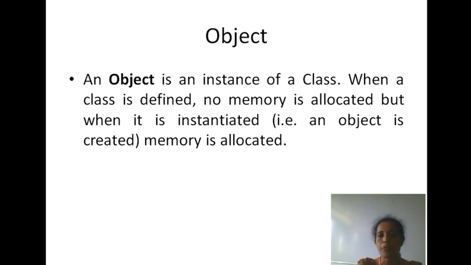Every property of the described class can be accessed by the object. When we define one class, at that time no memory allocation is done, but when we create the object or instantiate the class, at that time memory is allocated for that particular object.